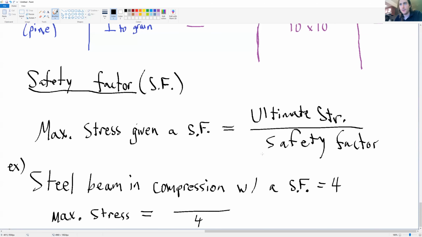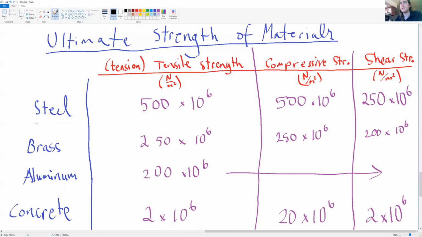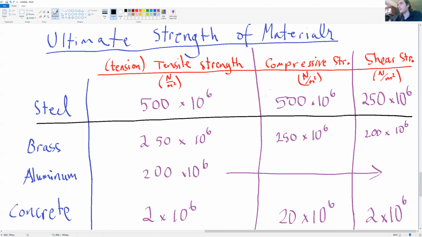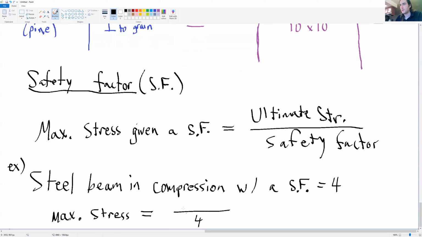Looking at steel, the compression value is 500 times 10 to the 6 newtons per meter squared, or pascals. We just do that division. That's 125 times 10 to the 6 newtons per meter squared.